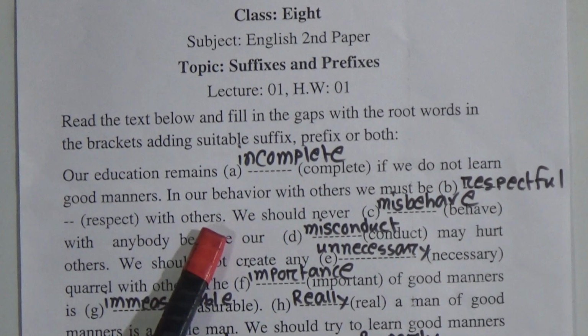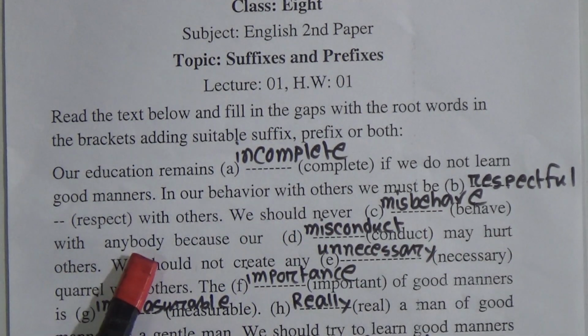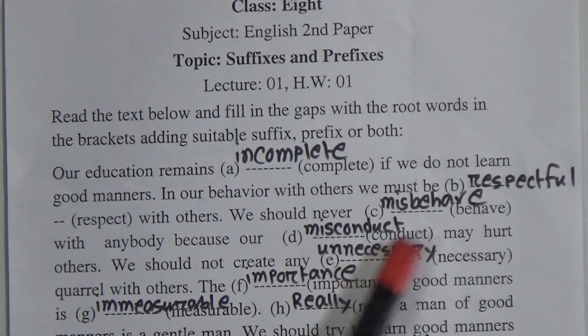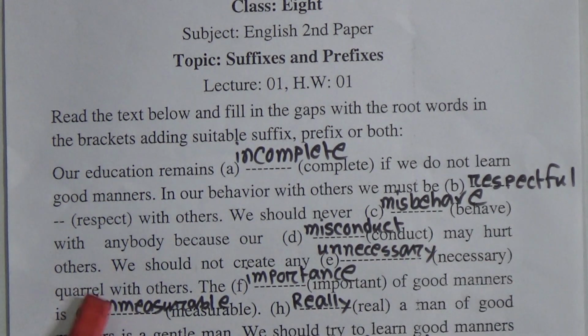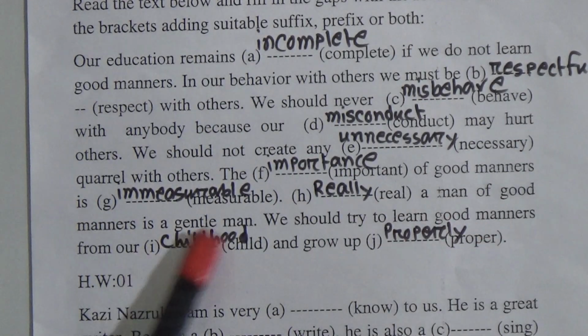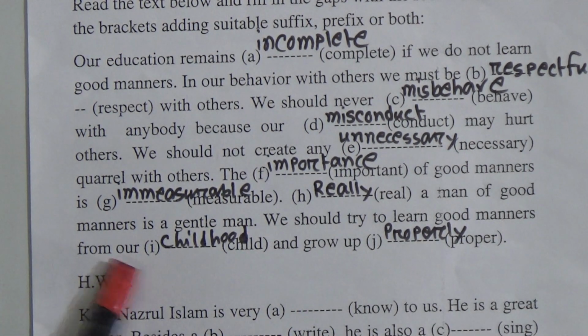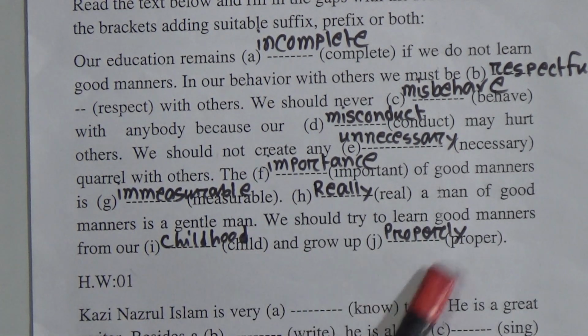We should never misbehave with anybody because our misconduct may hurt others. We should not create any unnecessary quarrels with others. The importance of good manners is immeasurable. Really, a man of good manners is a gentleman. We should try to learn good manners from our childhood and grow up properly.